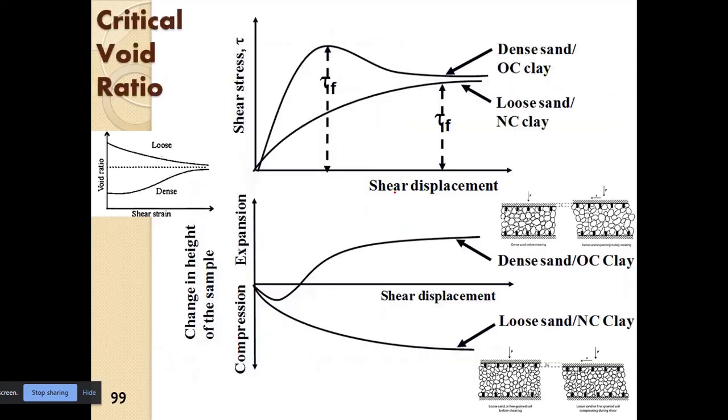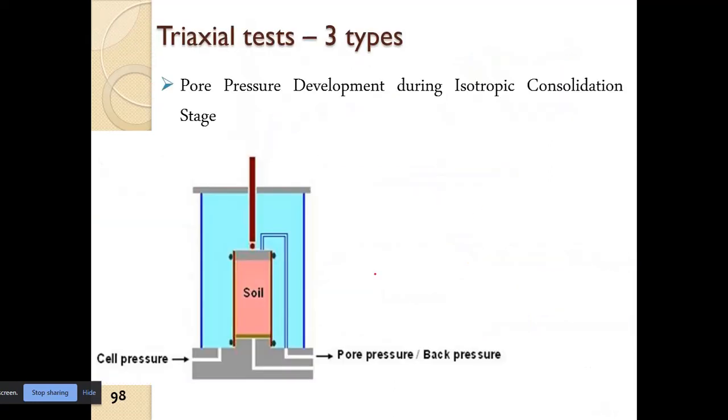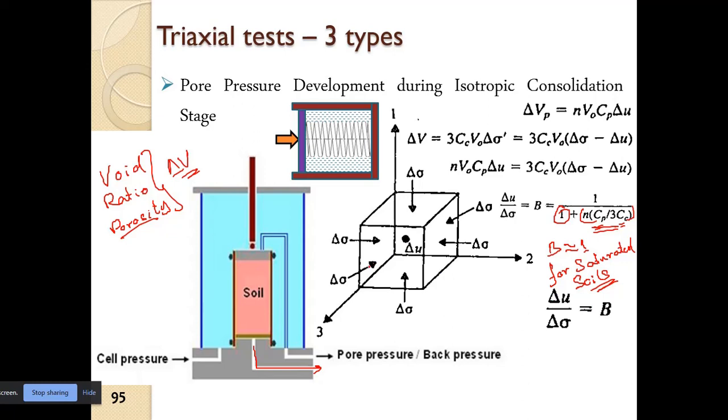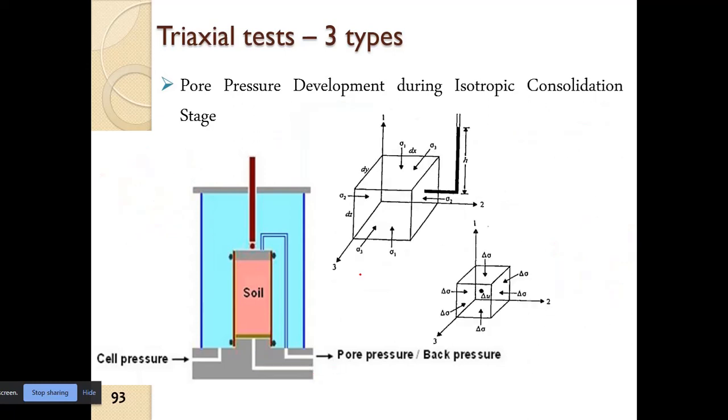So before going on to the shearing stage, we need to learn a little bit about the void ratio as well, and when there will be negative and when there will be positive pore water pressures developed. So here, during cell pressure application, since it is always compressive stress, it is always compressing the soil. All right.